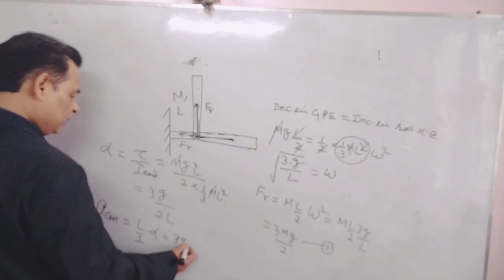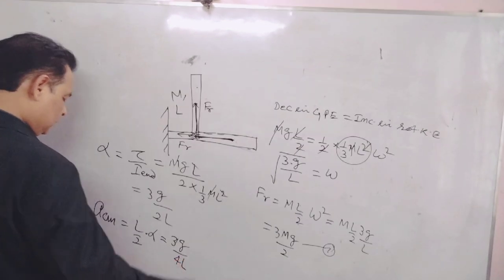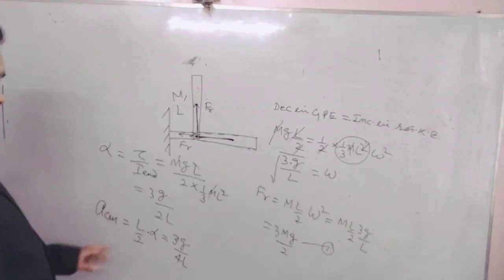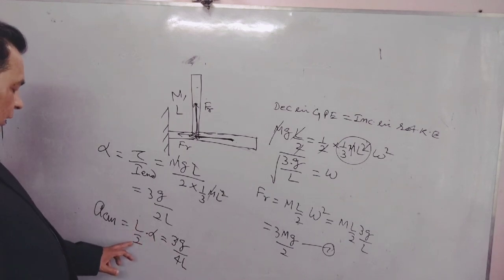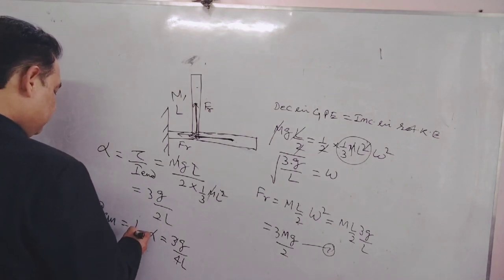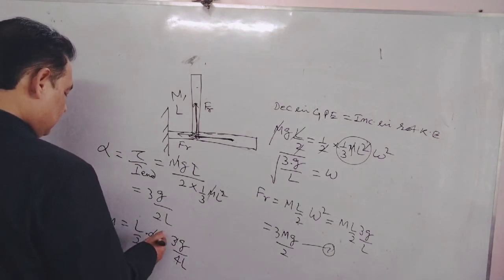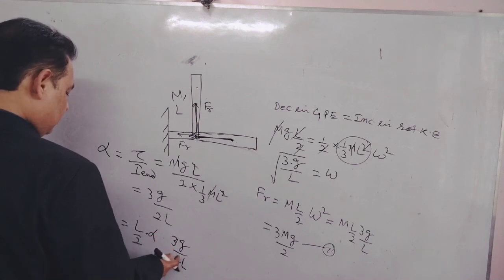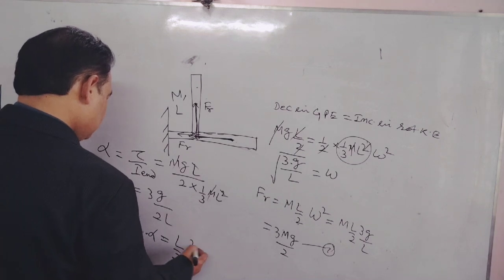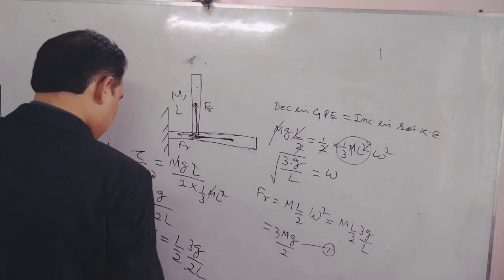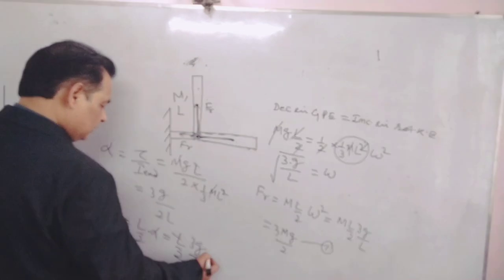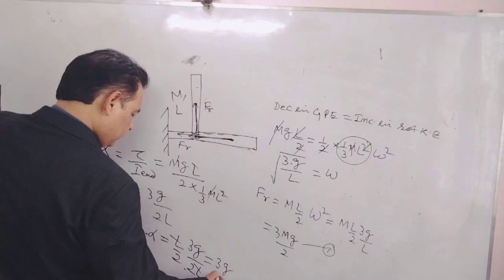Alpha is 3g by 2l, so L by 2 alpha is 3g by 4l times L. L is cancelled. That equals 3g by 4.